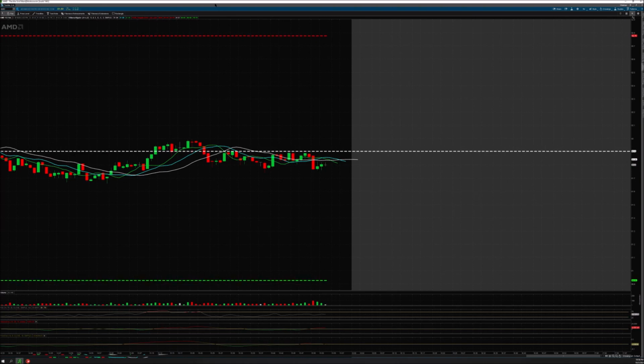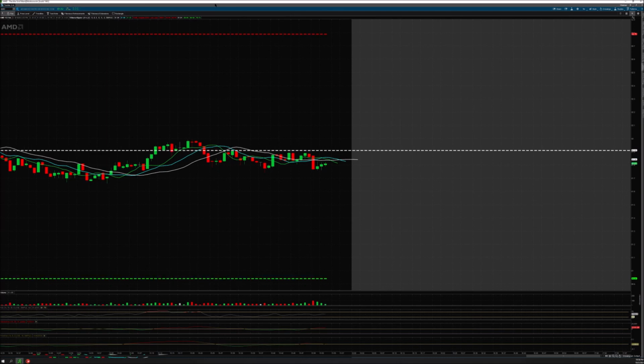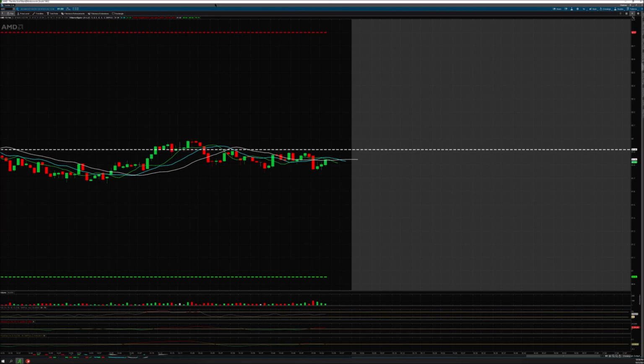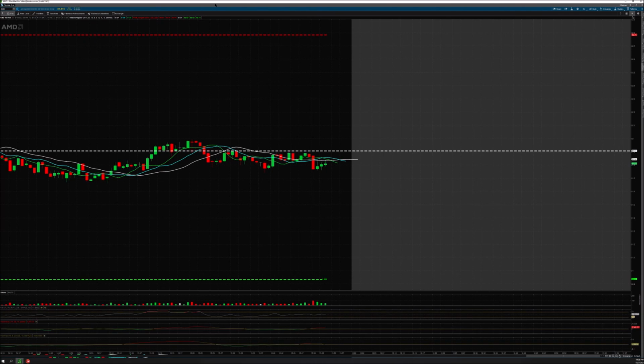Candlestick too small, I guess. Well, I'm watching it on a 55-inch TV, so it's a little different on your mobile phone. It's gonna be hard to see most of these indicators on a mobile phone.